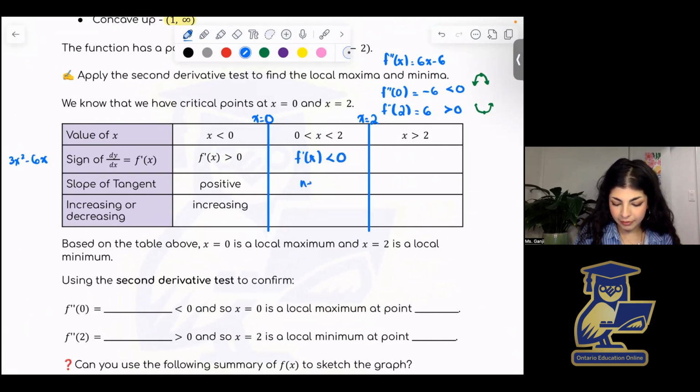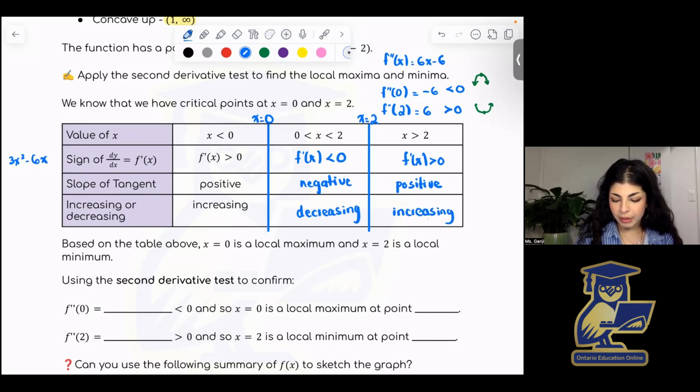So this is negative, and we have that our function is decreasing. And finally, for x greater than 2, let's say we pick 3, then this is positive. And so we have increasing again.